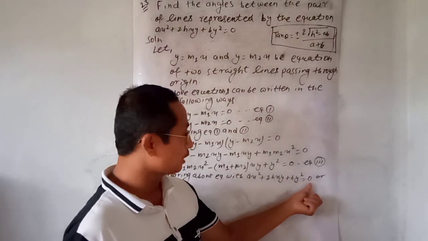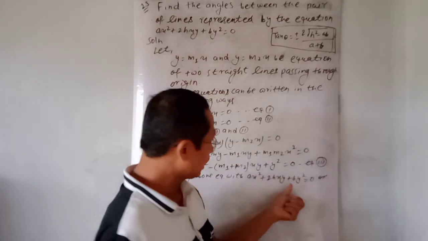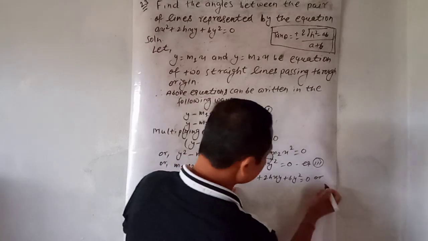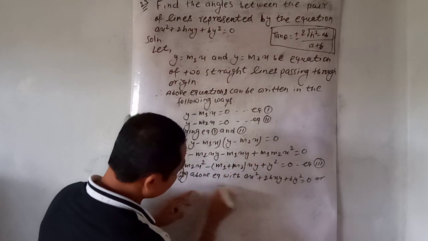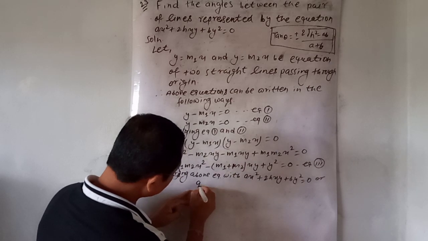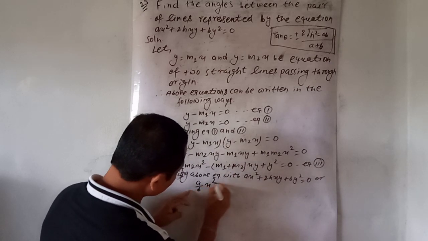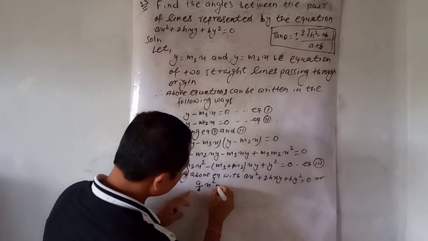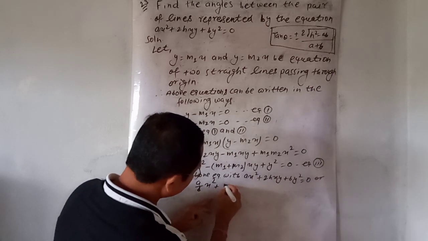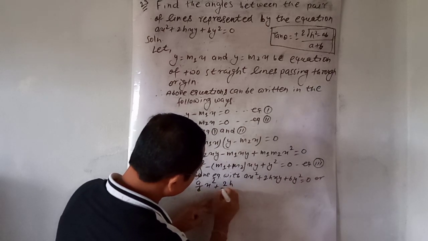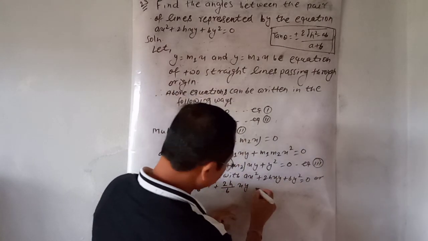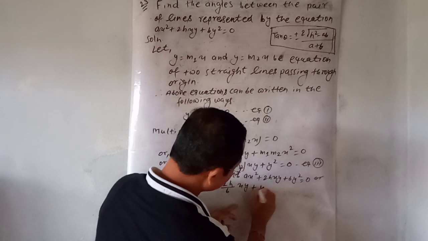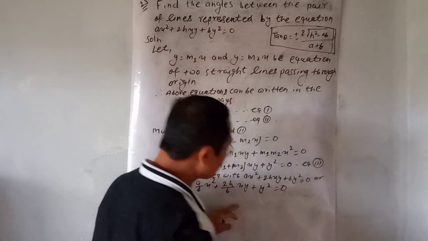Here 0 divided by b will be 0, and when we divide by b, it can be in this way: ax square divided by b means a by b x square plus 2hxy divided by b, then 2h by b xy, and plus by square divided by b, then it will be y square is equal to 0.